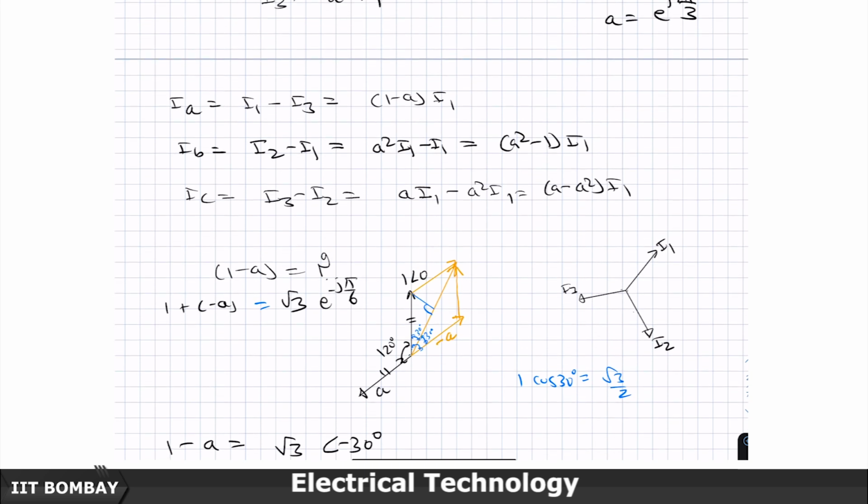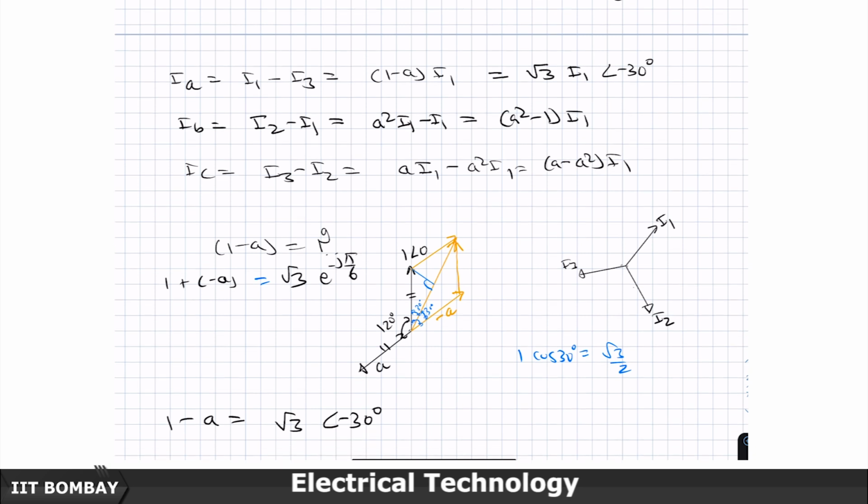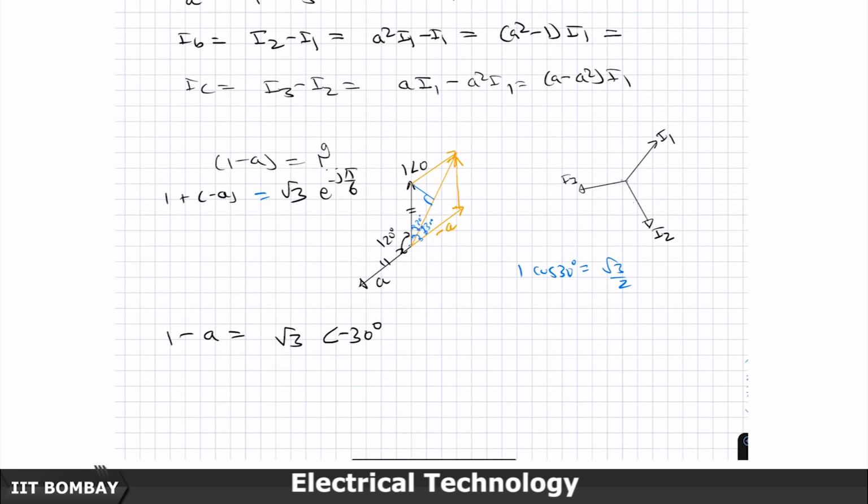So, therefore, this now can be written as root 3 times I_1, and the line current lags the phase current by an angle of 30 degrees. Okay. Now, let us take this I_B, which is the same as (a² − 1) times I_1.